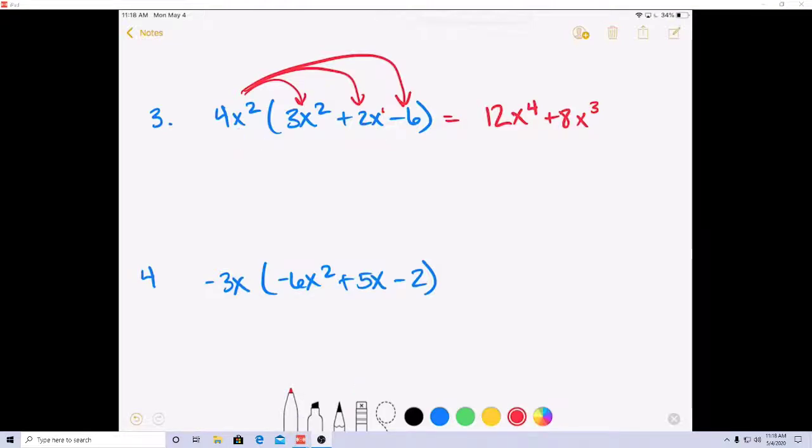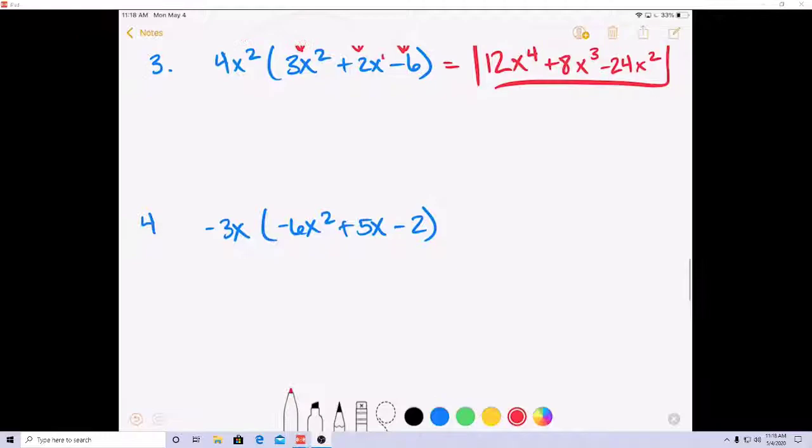And then I go back and I do 4x squared times -6. That's a -24. This x squared isn't multiplying by another x, is he? There's no x there, so he stays x squared. So we're keeping what we learned last week. When we multiply variables, we have to add their powers together.